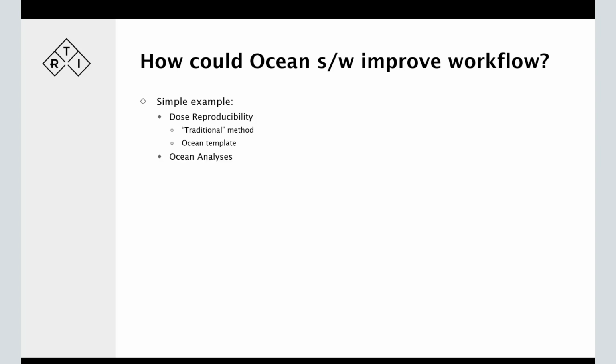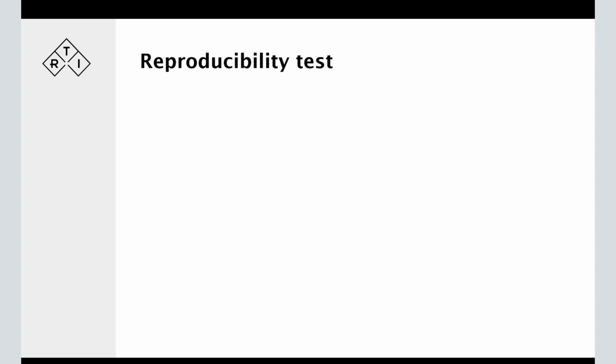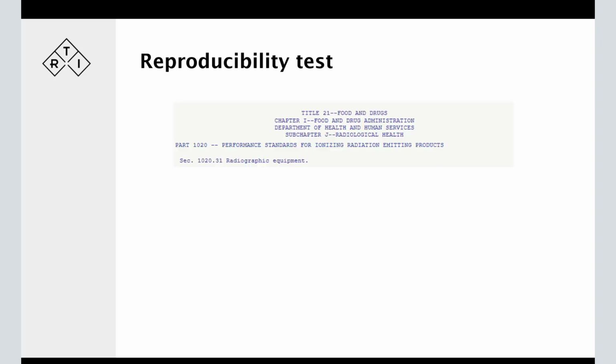We'll then look at a little bit more complex templates and discuss possible effects before going deeper into Ocean and exploring the possibilities of building a library of templates, using that to build a database of measurements and how this can be shared within a group. But first, let's look at the dose reproducibility test.